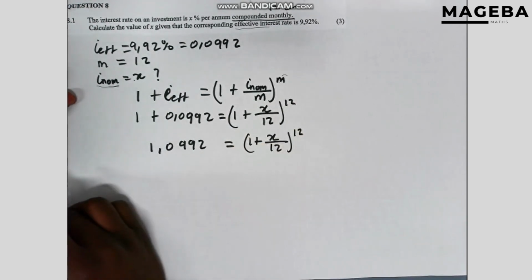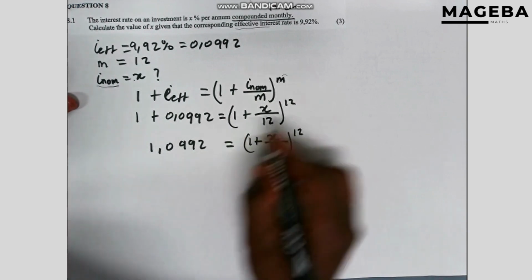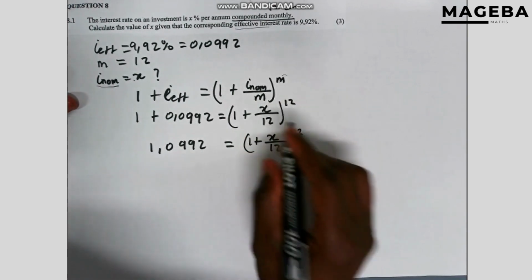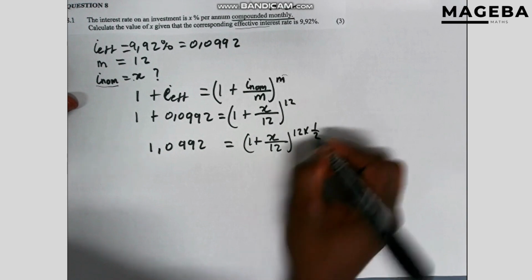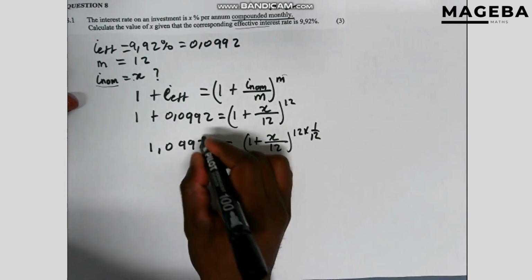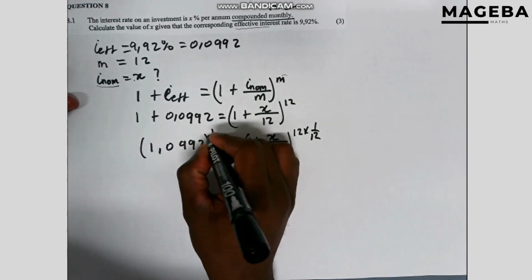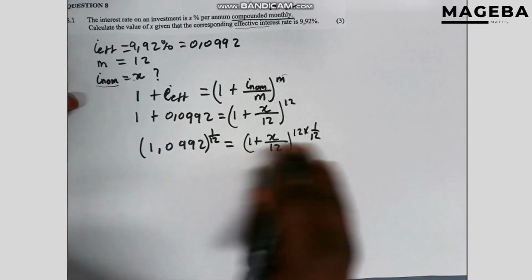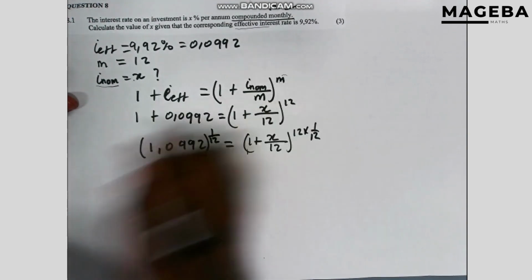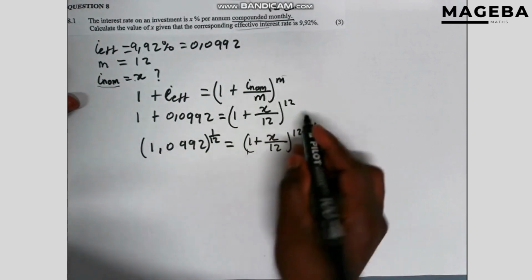Now we need to get rid of this 12. How do we get rid of this 12? The way I'm going to use is times the reciprocal of the 12 here, do it on the right hand side, do it on the left hand side. But there's another way of doing it where you root it, but I'm going to continue with this one.